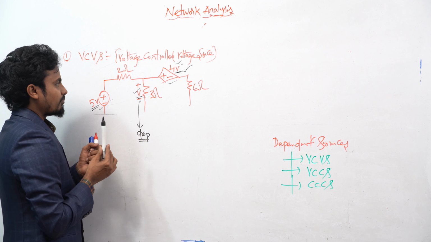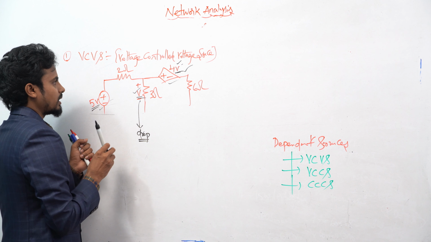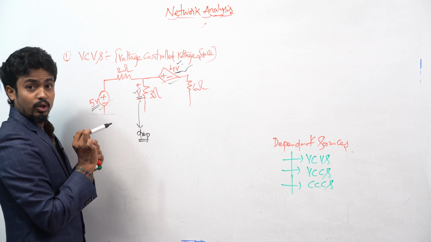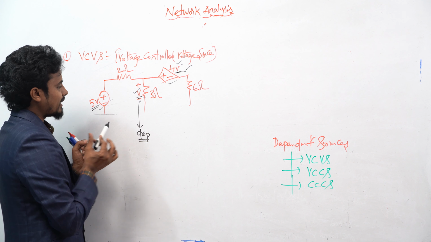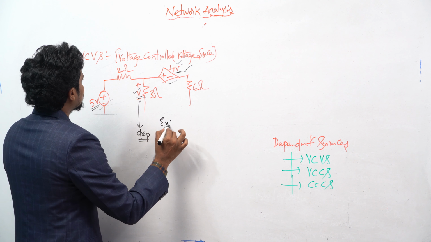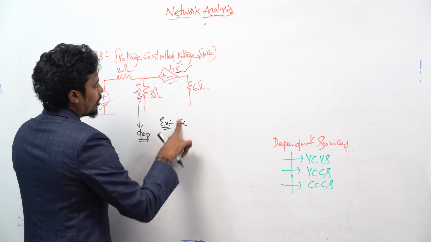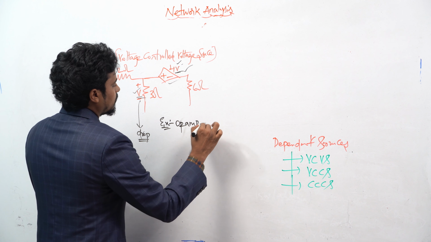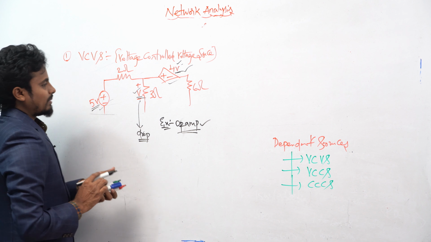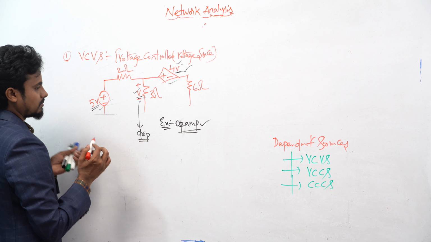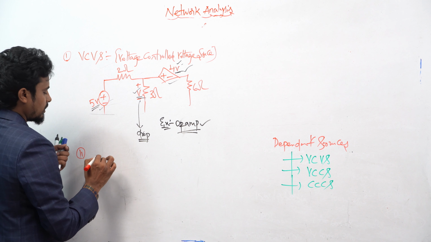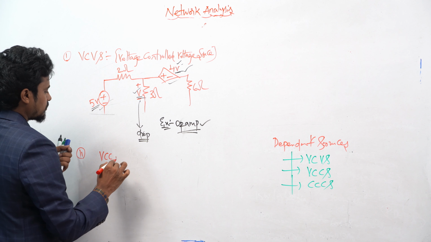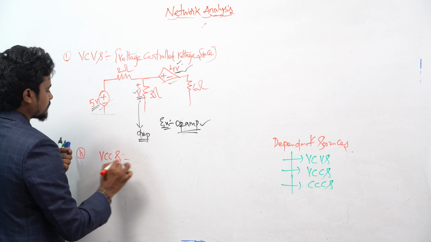If you give the supply voltage of 5 volt, you have to find out the current and the voltage. The example for this voltage controlled voltage source is the op amp. And similarly, second, this is the voltage controlled current source.